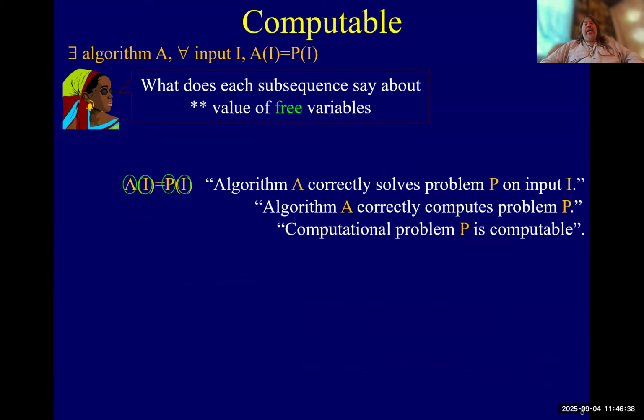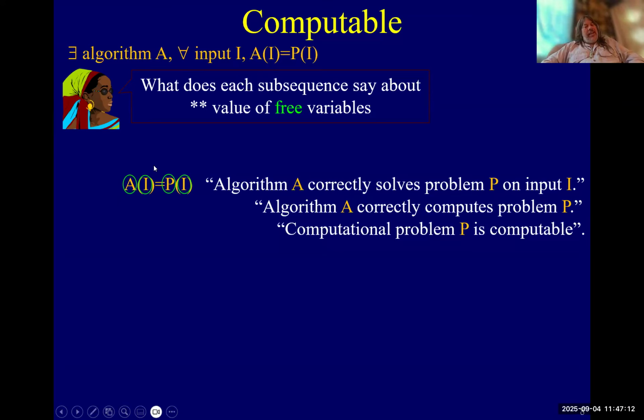One thing I tried when I was teaching 90 was to teach people how to read these sentences and understand them. And one thing I recommended is to rip off all the quantifiers and put them back on one at a time. A free variable is a variable that doesn't have any quantifiers, right? So with this bit, A of I equals P of I, we have no quantifier, so everything's a free variable.